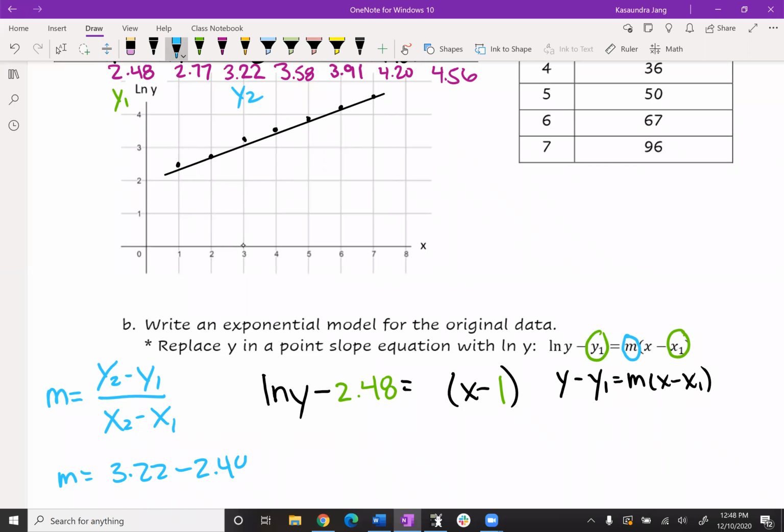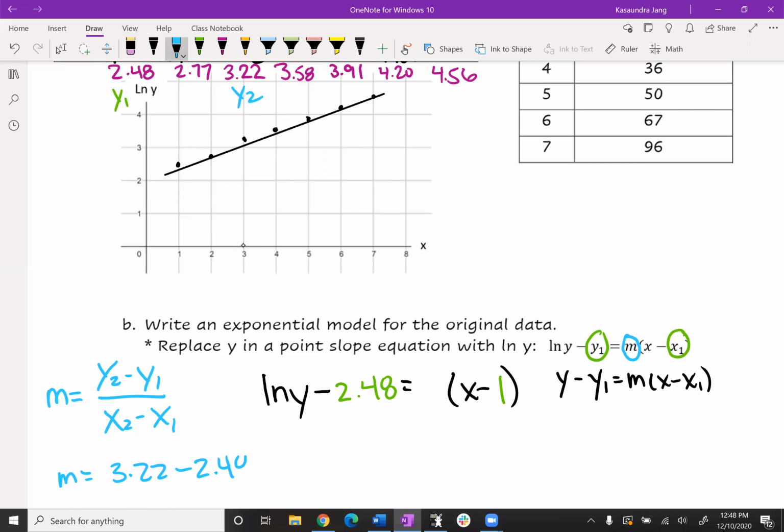Let's do the 3.22. Oh, maybe if I turn the calculator on. There we go. I'm doing my 3.22 minus the 2.48. All right, so the numerator is a 0.74, messy. That's fine.